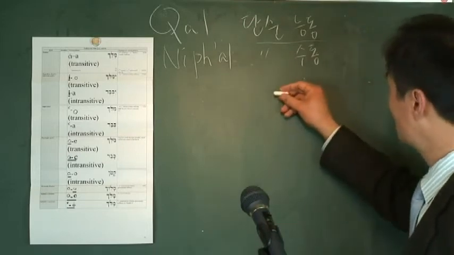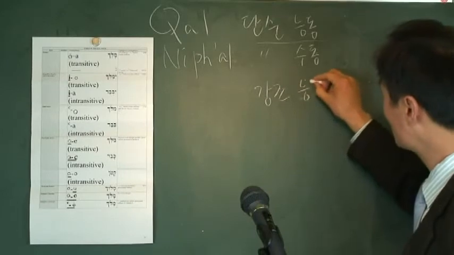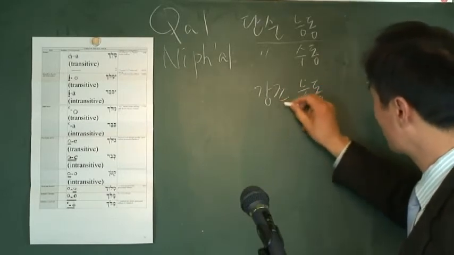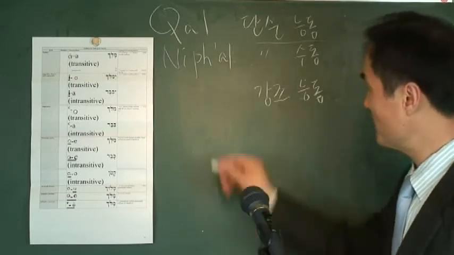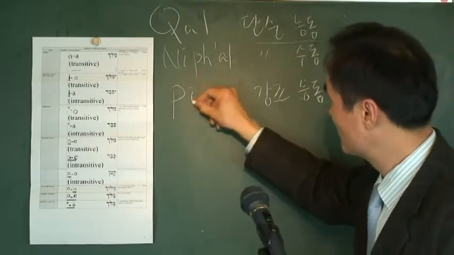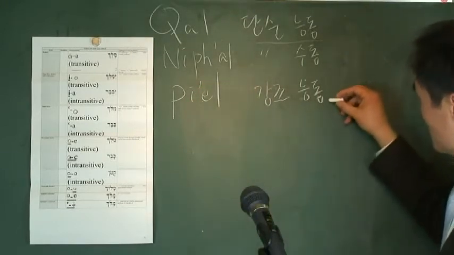When the simple active voice is intensified, its form has an intensive active voice. We call this the piel stem in Hebrew.